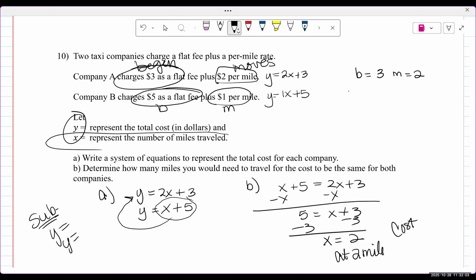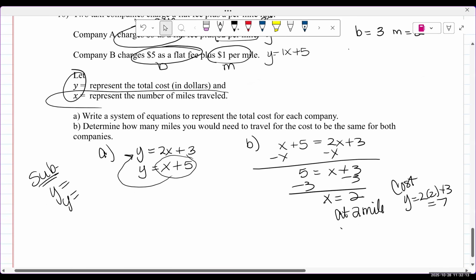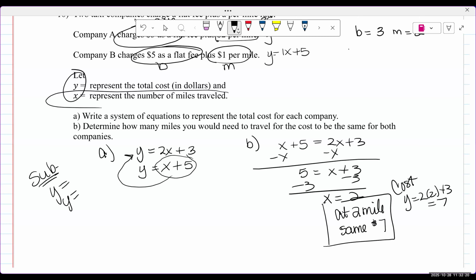The cost is the y. So y equals 2 times 2 plus 3, which is 7. Or you could plug it into the bottom and you would get 7. So at 2 miles, it is the same cost, which is $7. So x equals 2, y equals 7.